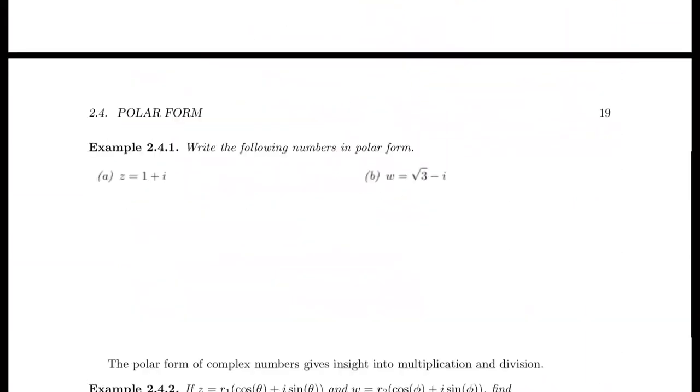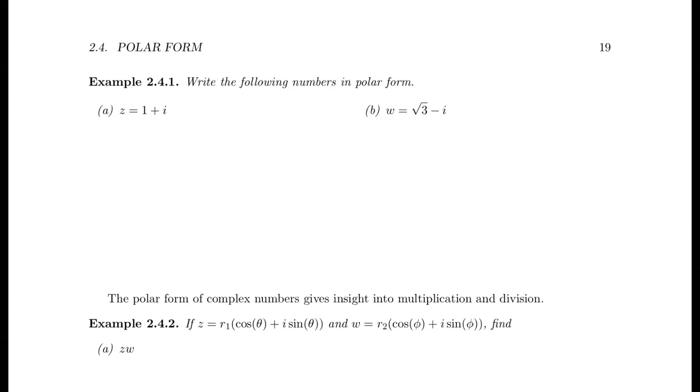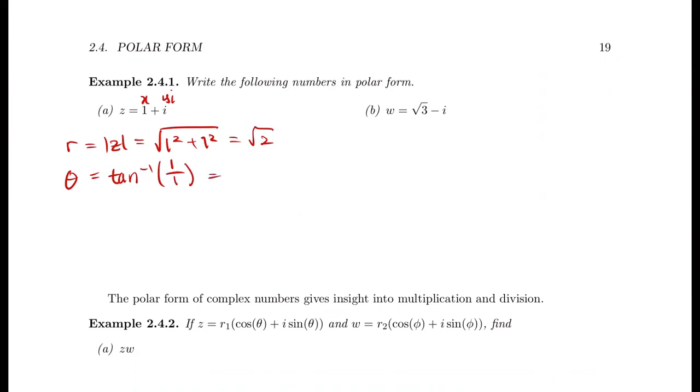So let's go ahead. For the first part, 1 plus i, we know that x is 1, and y is 1 as well. That means the modulus, or r, is just going to be the square root of 1 squared plus 1 squared, which is square root of 2. Then we have to find our theta, which is equal to the tan inverse of y over x, so tan inverse of 1, which is pi over 4.